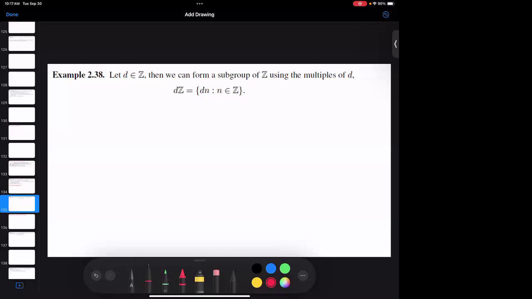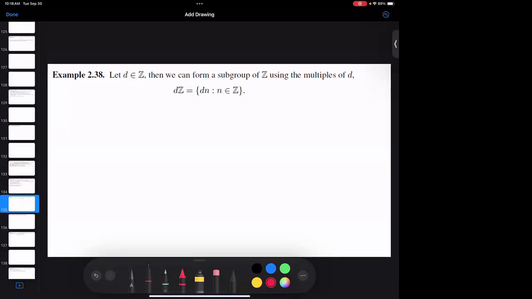So the only thing is the inverse. What's the inverse of m under addition? Negative m. And so if I have the element dn, its inverse would be negative dn, or d times negative n, so we'll have the inverses. So this is a subgroup. So can I construct a group homomorphism?